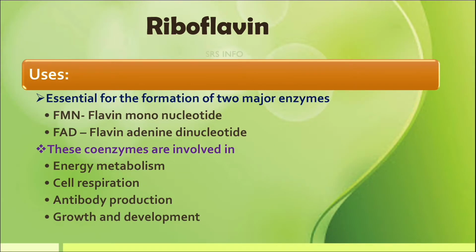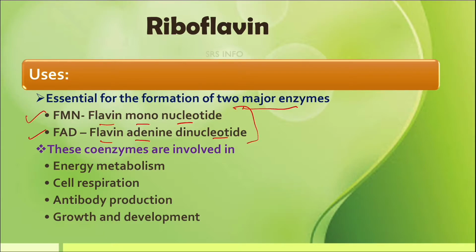Now, what are the uses of riboflavin? Why is it so important? The most important use of riboflavin is that it plays a very important role in the formation of two major enzymes. These are FMN and FAD, flavin mononucleotide and flavin adenine dinucleotide.